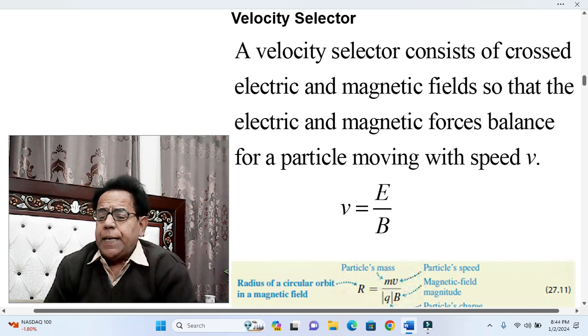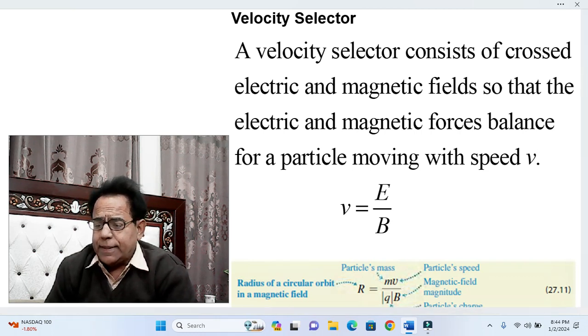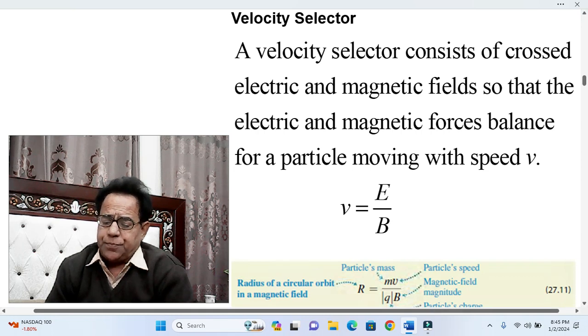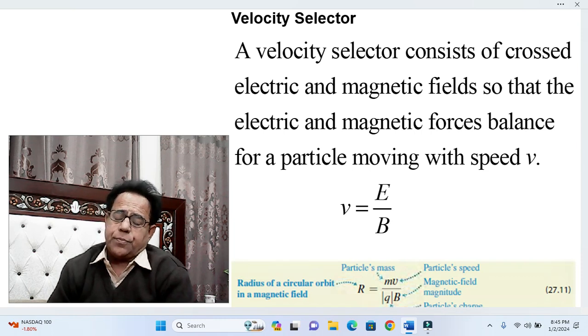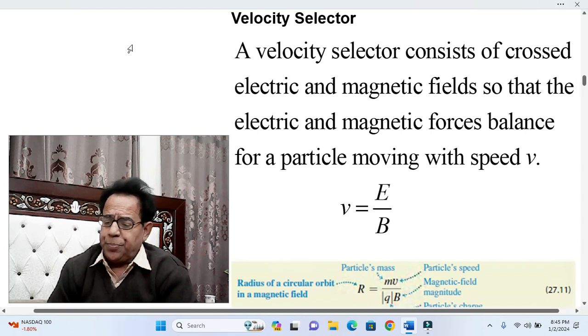A velocity selector consists of crossed electric and magnetic fields, so that the electric and magnetic forces balance for a particle moving with speed v, which is given as v equal to E over B. This is the mathematical form of the above wording.